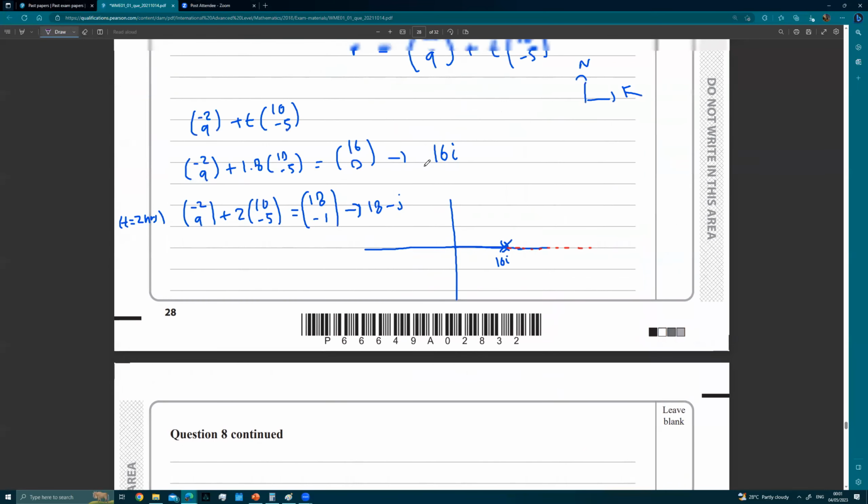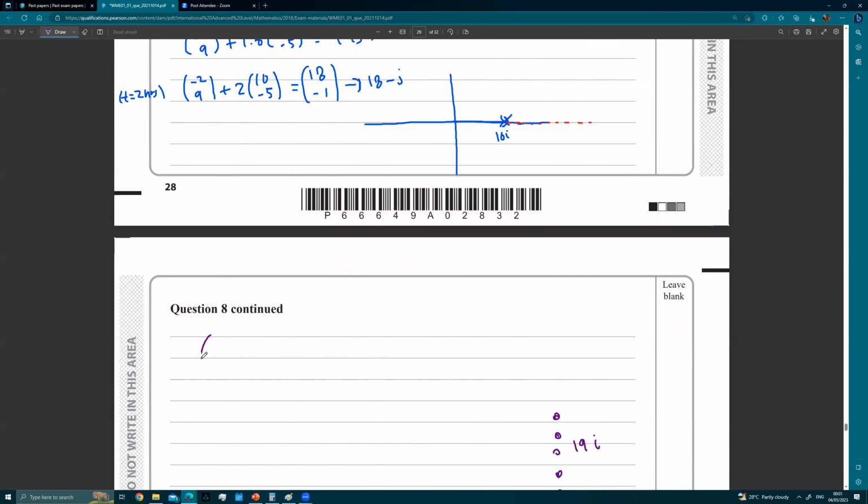So going back to the position vector of the ship. I know that the ship has a position vector of its initial position, minus 2 9, plus the velocity vector, which is 10 minus 5, times t hours. And I know t hours later that the ship is directly below the lighthouse.